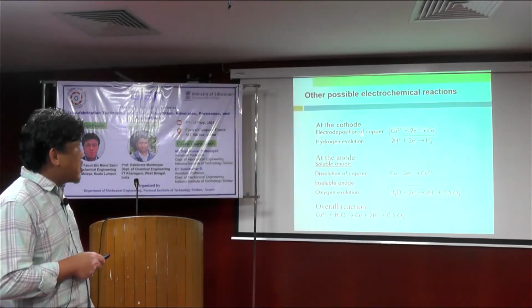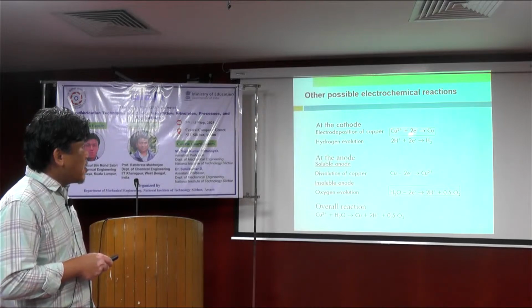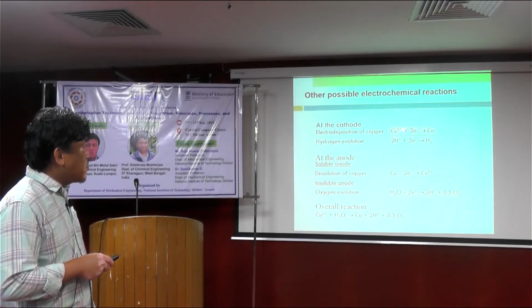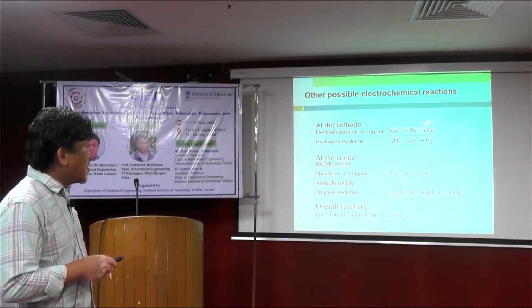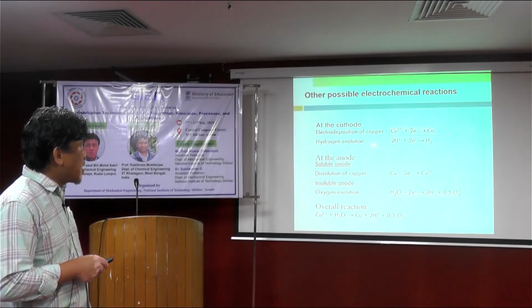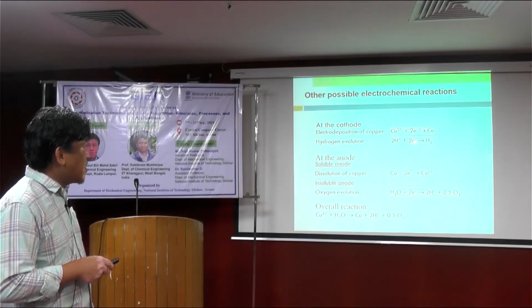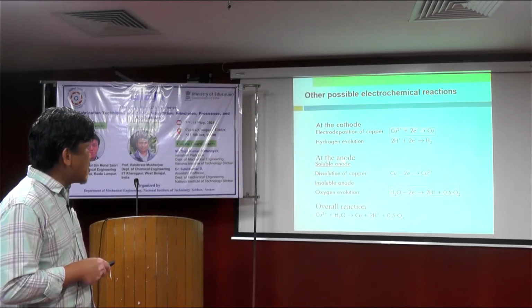So electrodeposition of copper, as mentioned before: Cu2+ plus 2 electrons gives you copper, the bulk copper substrate. At the same time, hydrogen evolution happens: 2H+ plus 2 electrons gives hydrogen gas release.